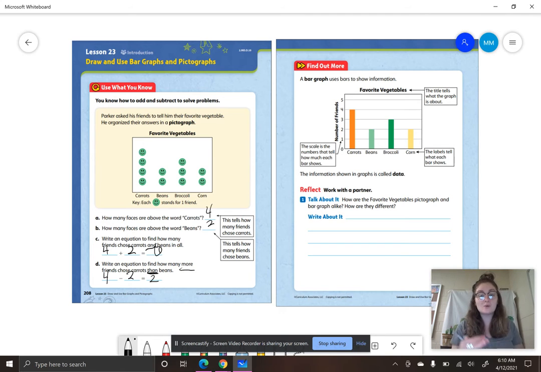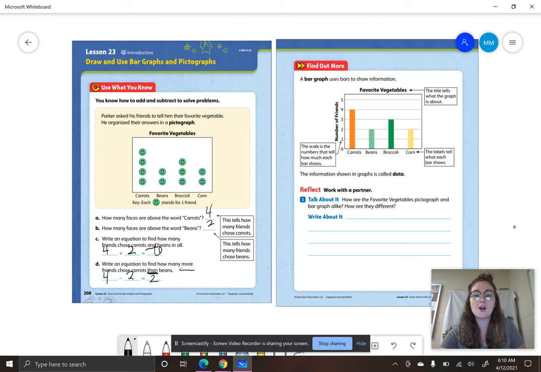Sometimes bar graphs will count by 2s, some will count by 5s, some will count by 10s, but for this example, it's going in number order, counting by 1s. And then the bottom is just like the pictograph. It has our labels for what each bar shows, but what is different is that it shows the number of friends using those bars.